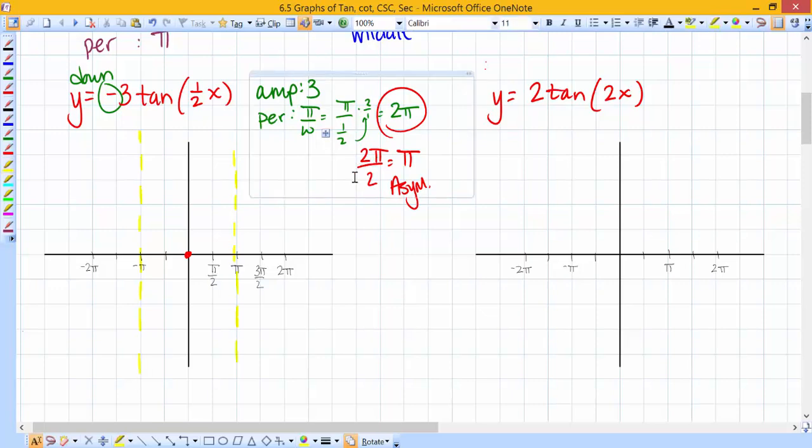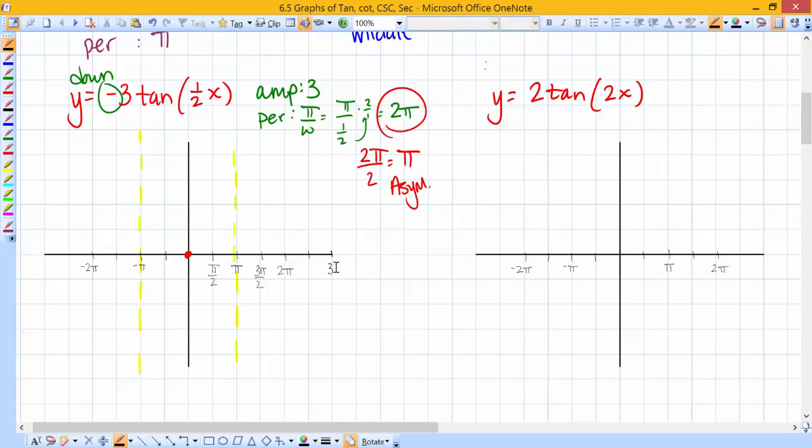I want to see a couple of cycles, you guys, with your tangent graphs. It just looks better. 3, 4 is nice. I do want to see at least 2. So I actually need to extend my graph a little bit more. From asymptote to asymptote is 2 pi. Well, if I'm at pi, 2 pi would be at 3 pi because I would have to add.